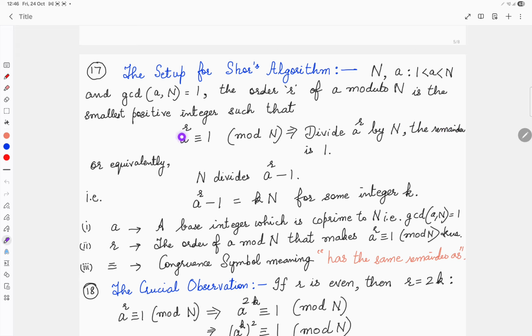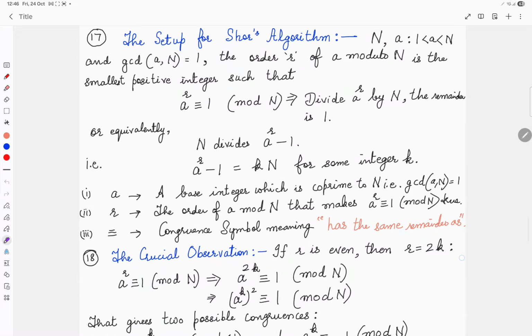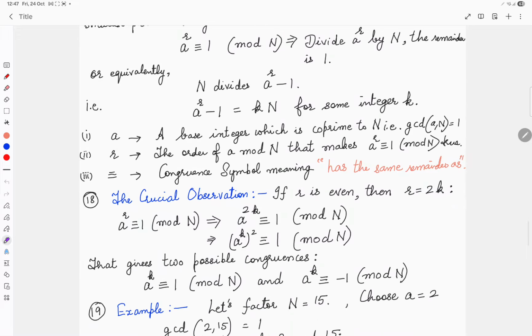So if we divide a to the power r by n, the remainder has to be 1, because then only the congruency will occur between a to the power r and 1. And we can also say that n divides a to the power r minus 1. So therefore I can write a to the power r minus 1 equal to kn for some integer k. Right.